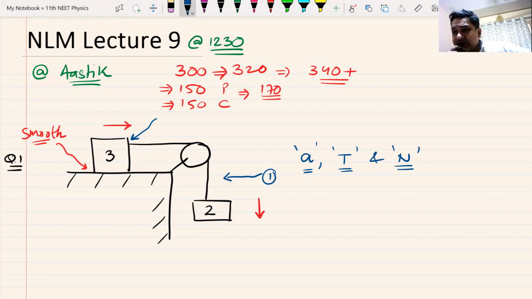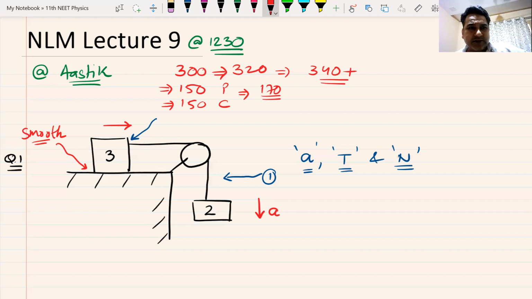So how do I solve this question? Let me start. If I assume that this 2 kg block is going down with an acceleration A, what happens to the 3 kg block? With how much acceleration will it move?